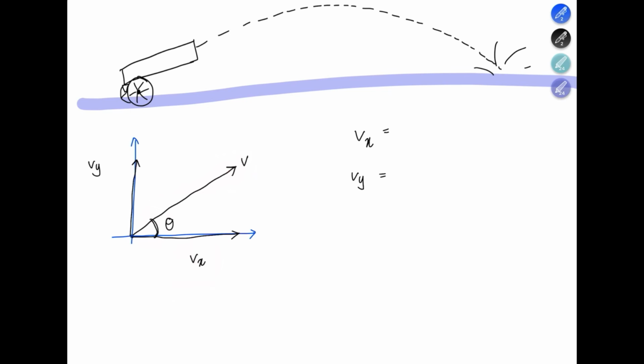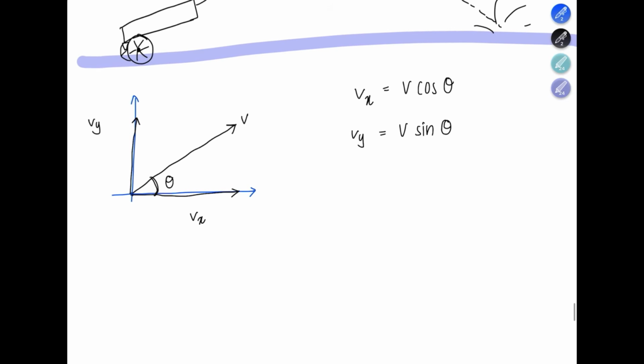So that means you will use cosine. This is going to be v cosine theta. So let's say if v is 20, this is going to be 20 cosine whatever the angle is, let's say 5. And this value will give you the horizontal component of velocity. What about vy? This is just going to be v sine theta. Remember, there's a saying: stay away from sins. Okay, so since theta is away from you, you have to use sine.